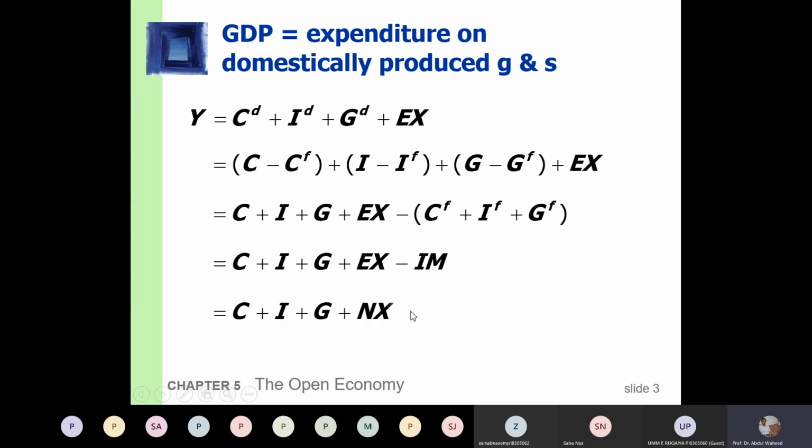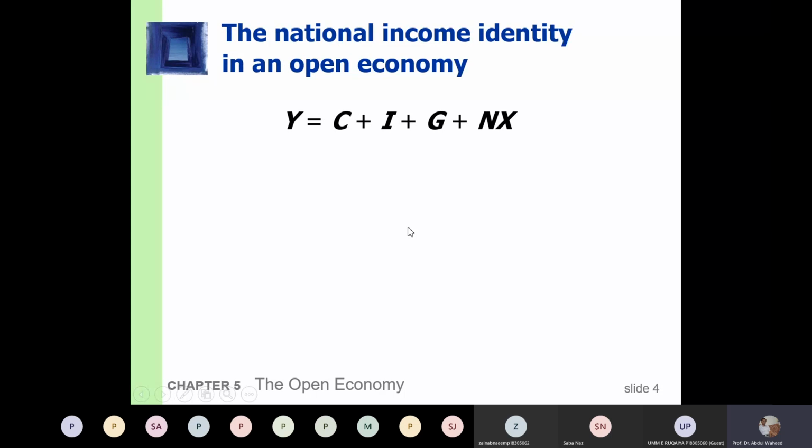And this is the trade balance, which is net export. This means if we have an open economy, our national income identity becomes C plus I plus G plus NX.